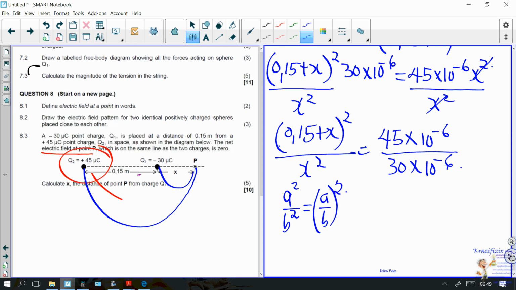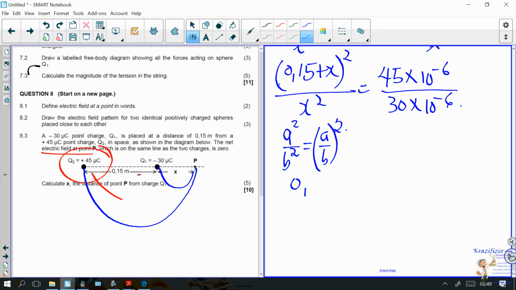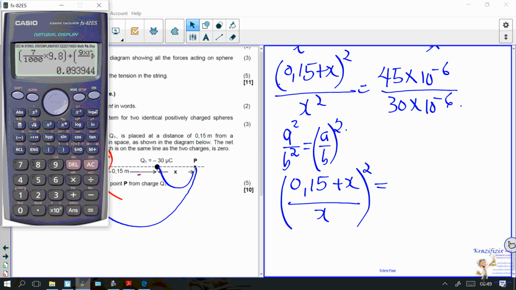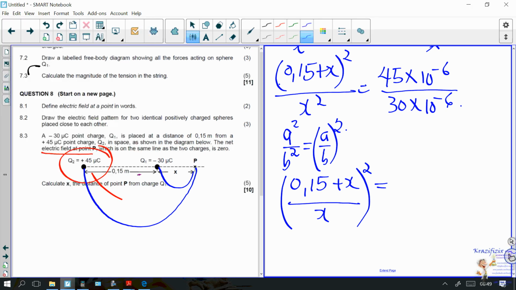That's mathematics. Which means I can now rewrite this as 0.15 plus x over x all squared equals, I can get an expression for that. That is basically saying 45 divided by 30. What do I have? I have 1.5, 3 over 2, 1.5.